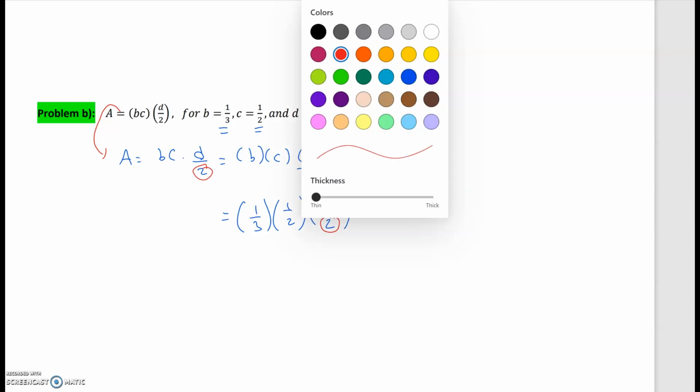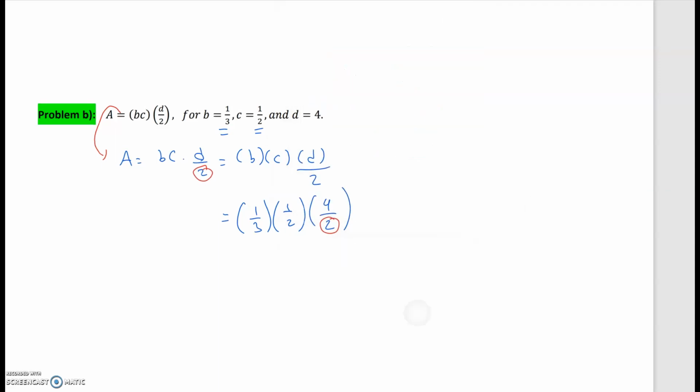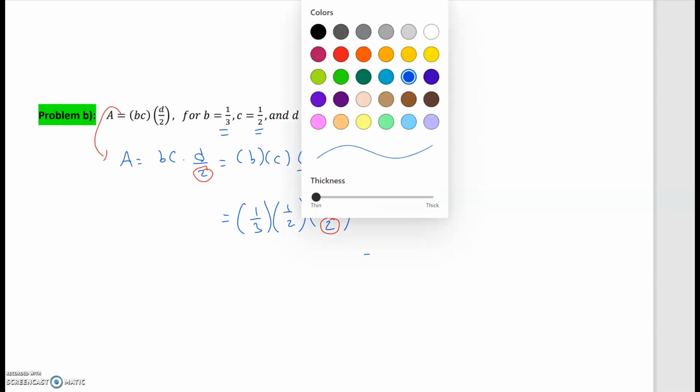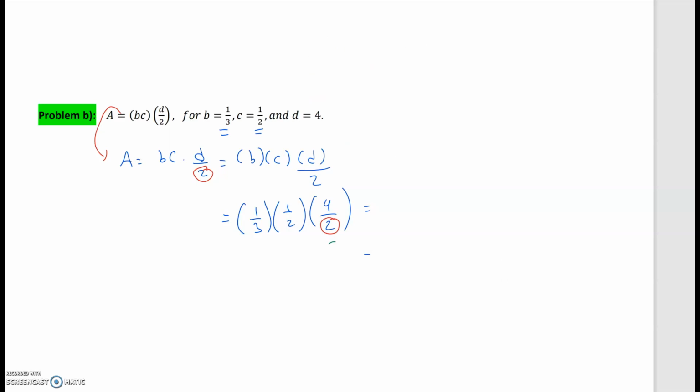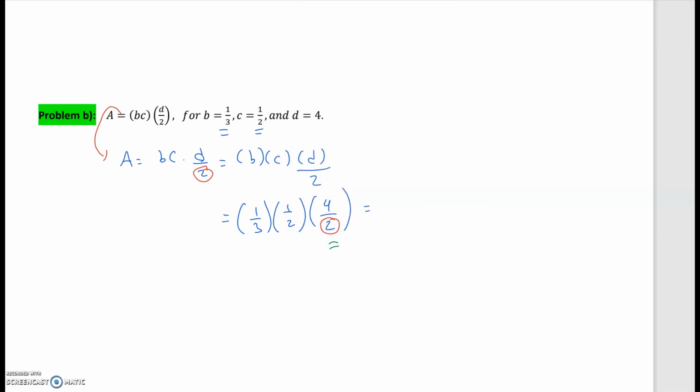And then at this point, I'm going to start simplifying values. Let me simplify this last fraction first, so I'm referring to this one, since it's going to reduce. So I'm going to express the first two fractions as a multiplication. So this is 1/3 times 2, and then technically 4 divided by 2 is equal to 2, or 2/1.